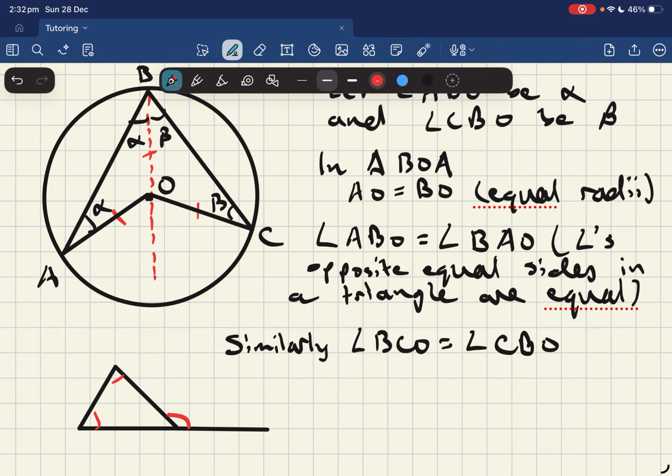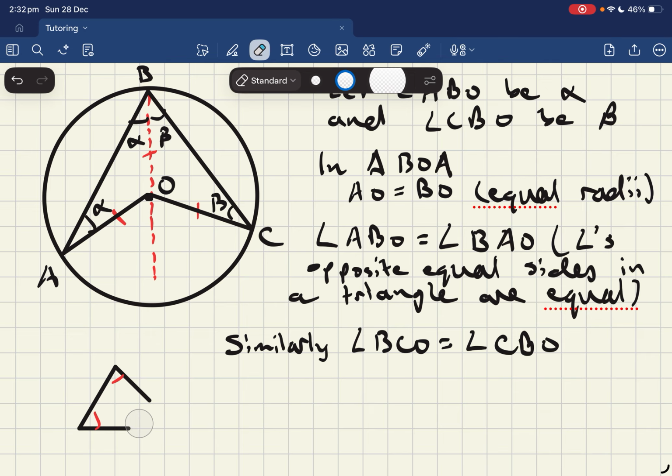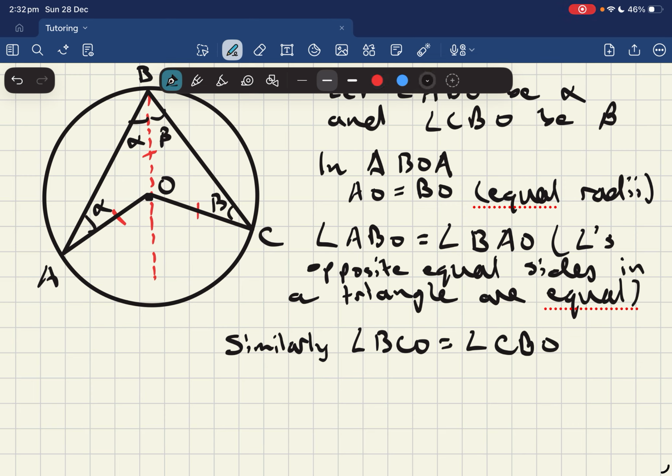So if we remember, the exterior angle of a triangle is equal to the sum of the two opposite interior angles. So with that in mind, we can say that this angle out here, let's call this D. We can say that angle DOA equals 2 alpha.